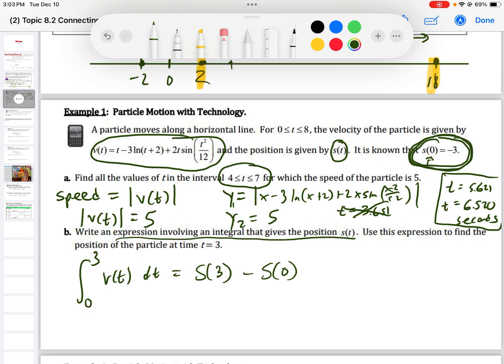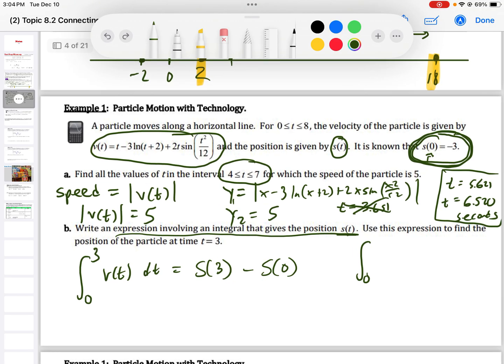So write an expression involving an integral that gives you s of t. I guess we didn't quite do that, did we? Really we should say this is the integral from 0 to t, I'm going to say t, just because it says t in a second. You'll see why.